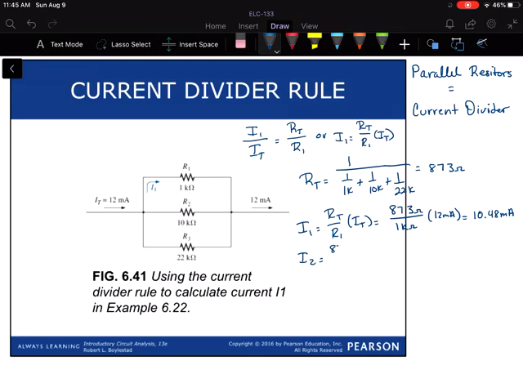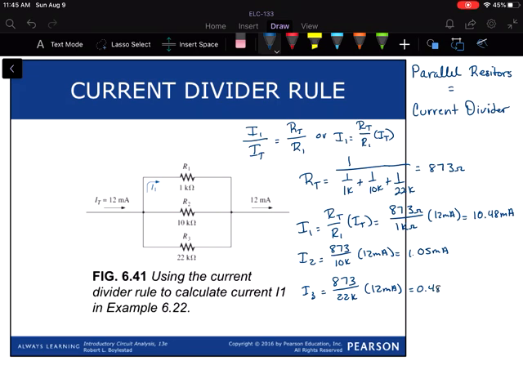I2 would also be 873, but this time over 10K. And that would be about 1.05 milliamps. And then I3, again, same RT over 22K, which should be about half of a milliamp.